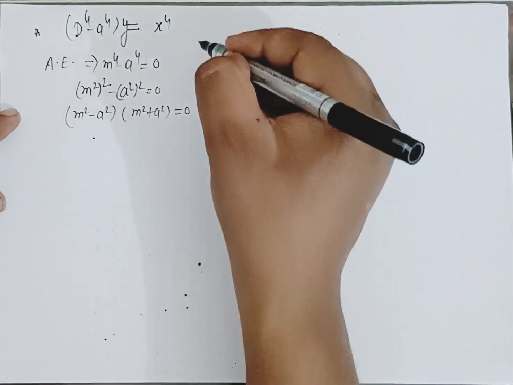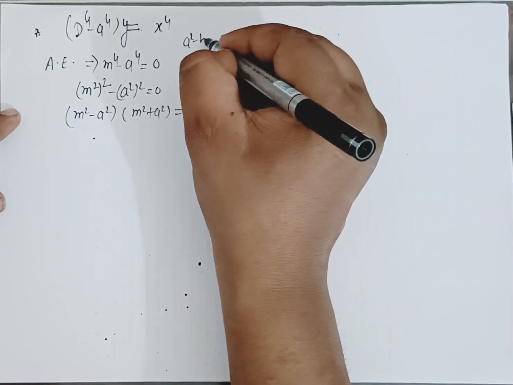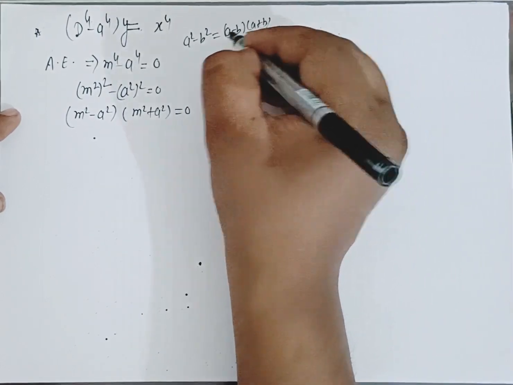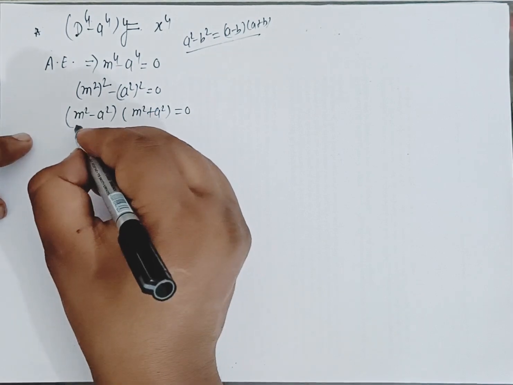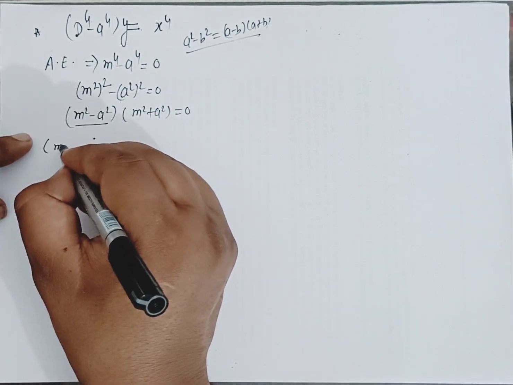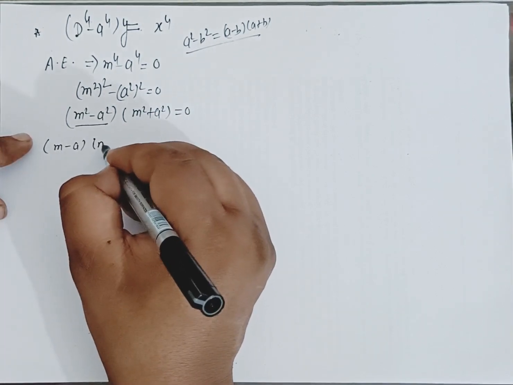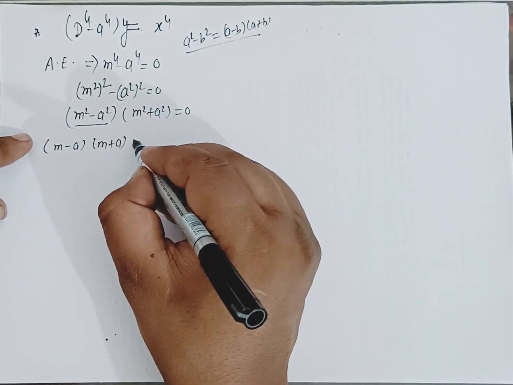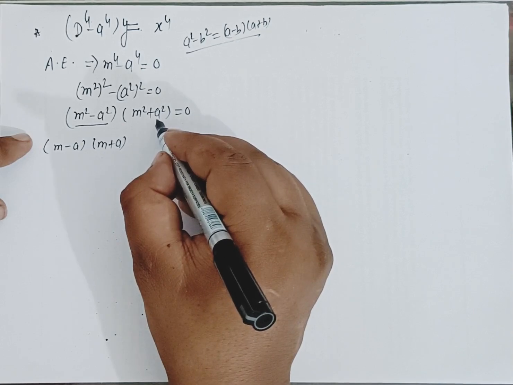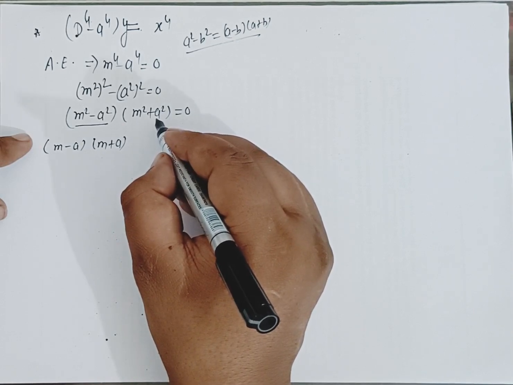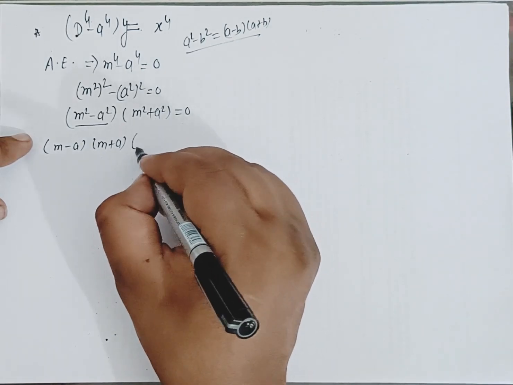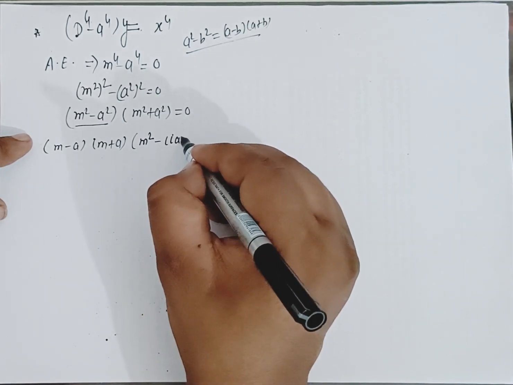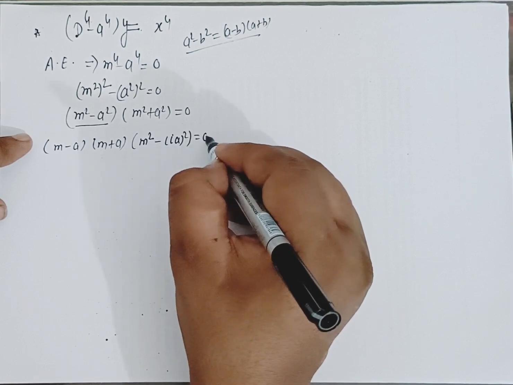By the formula. Which formula have we applied here? a square minus b square equals a minus b and a plus b. Okay, with this formula you can write it. So come on, again you can apply here the formula: m minus a and m plus a. Okay, and what about this? Obviously you can write it as plus minus iota. Okay, you can write it as m square minus iota a square equals 0.